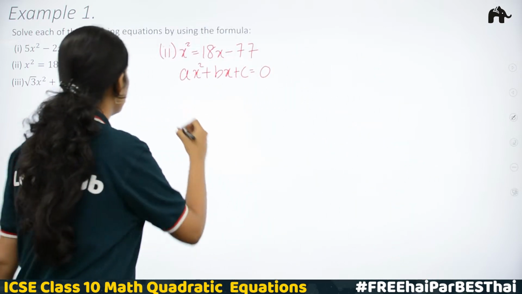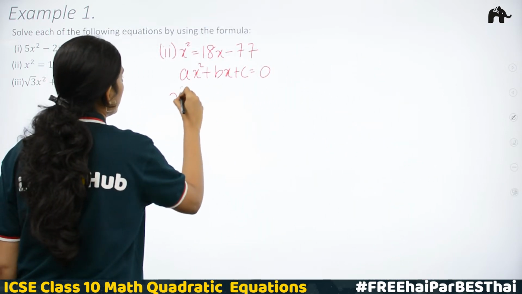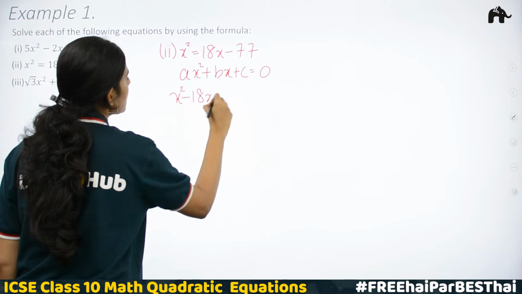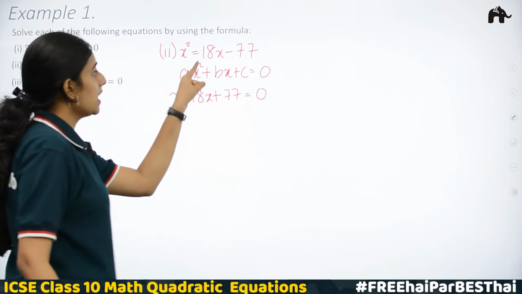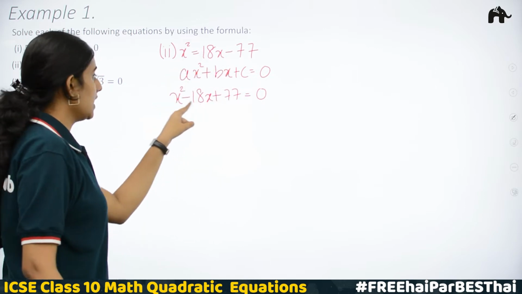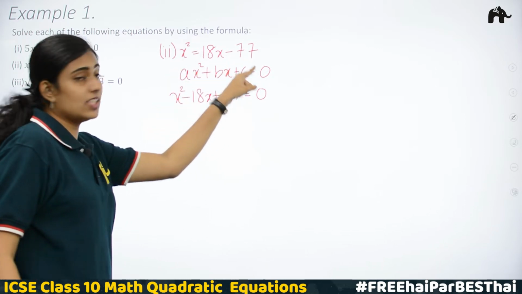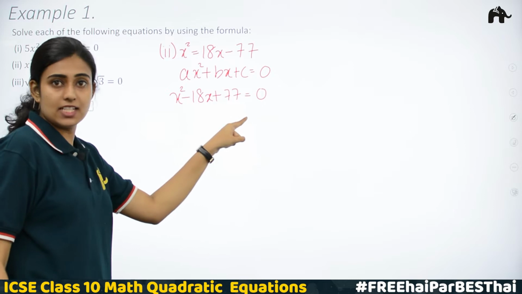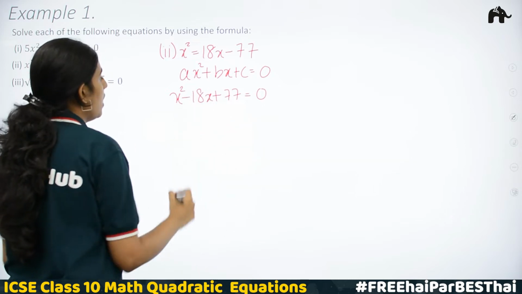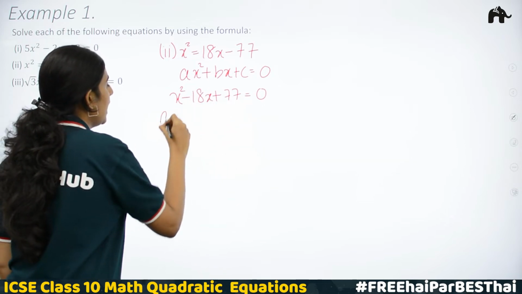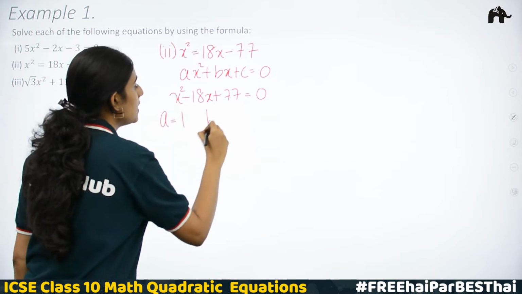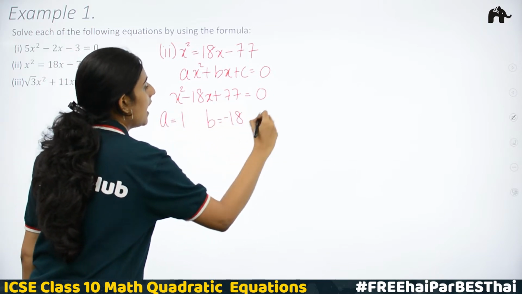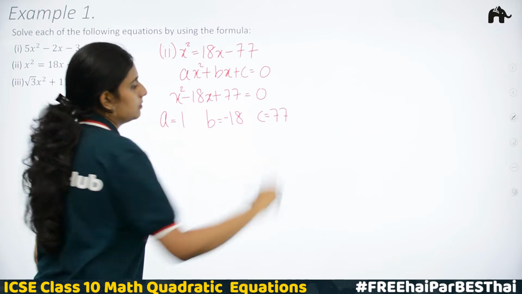That is, it becomes x square minus 18x plus 77 is equal to 0. Plus 18x becomes minus 18x, minus 77 becomes plus 77. Now, what is a here? a is equal to 1. What about b? b is equal to minus 18, and c is equal to 77.